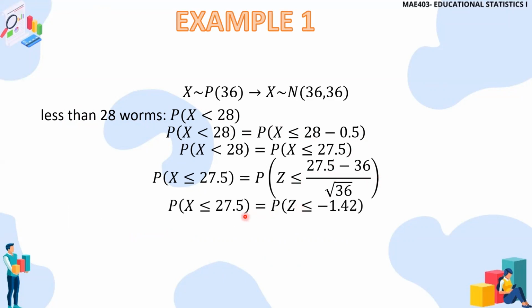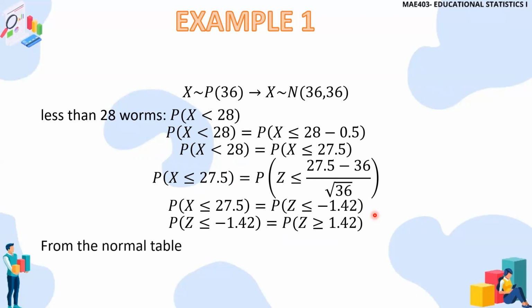Then you will find the probability of Z less or equal to negative 1.42, which is equal to the probability of Z greater or equal to 1.42. From the normal table, the probability of finding fewer than 28 worms in 3 patches of 1 square foot of garden soil is 0.0778.